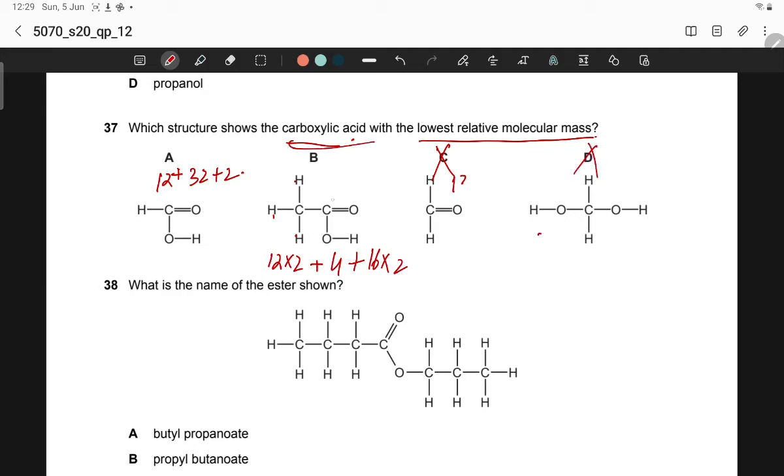So carboxylic acids are the first two compounds, and in A only one carbon is there, in B there are two carbon, so A must be the correct option.